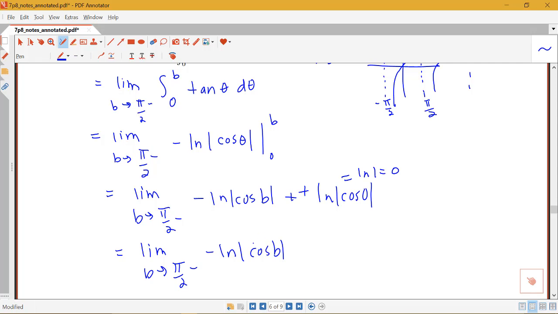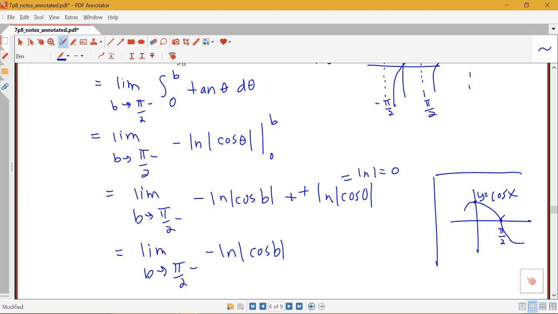Let's think about our cosine function. We have to figure out what's going on with cosine b as b goes to pi over 2 from the left, and then we can think about what's happening with the log of that function. For cosine of 0 we're at 1, cosine of pi over 2 is at 0, and then it goes down and comes back up again.